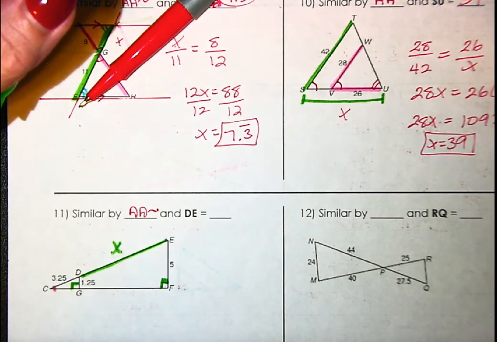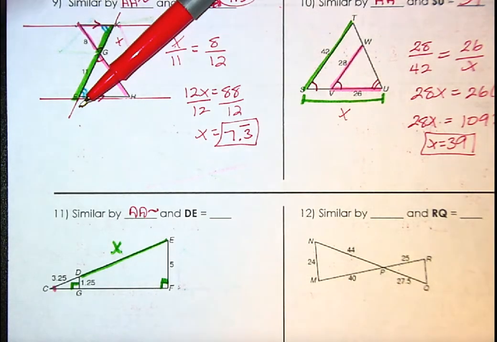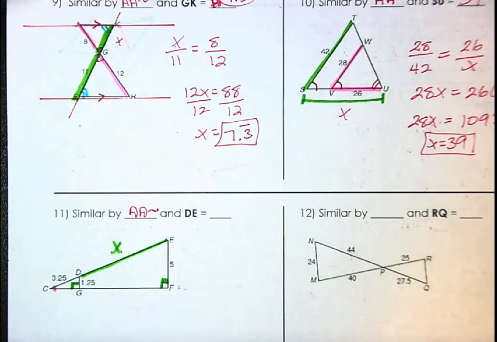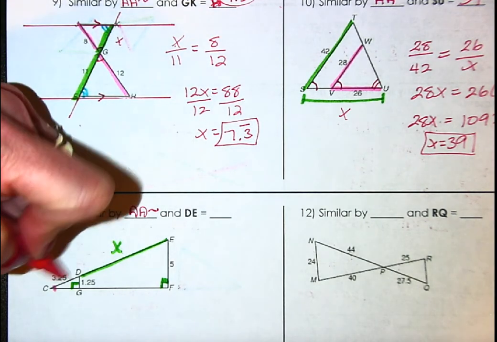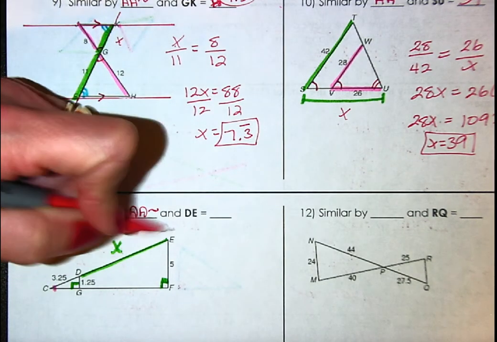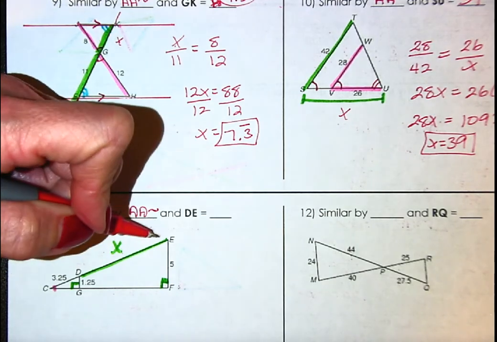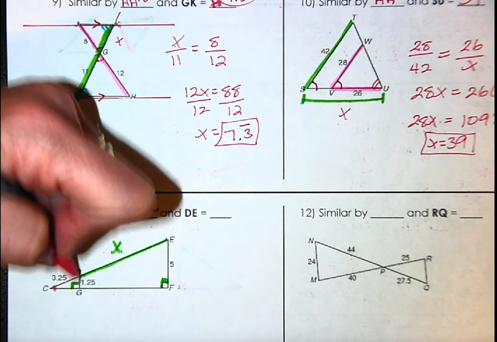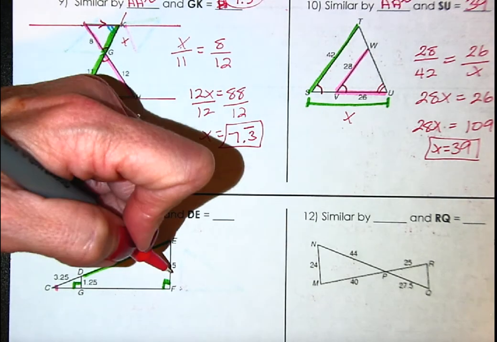Okay, so for this one, I'm going to put the short side over the whole side of CE equals this short side over 5.